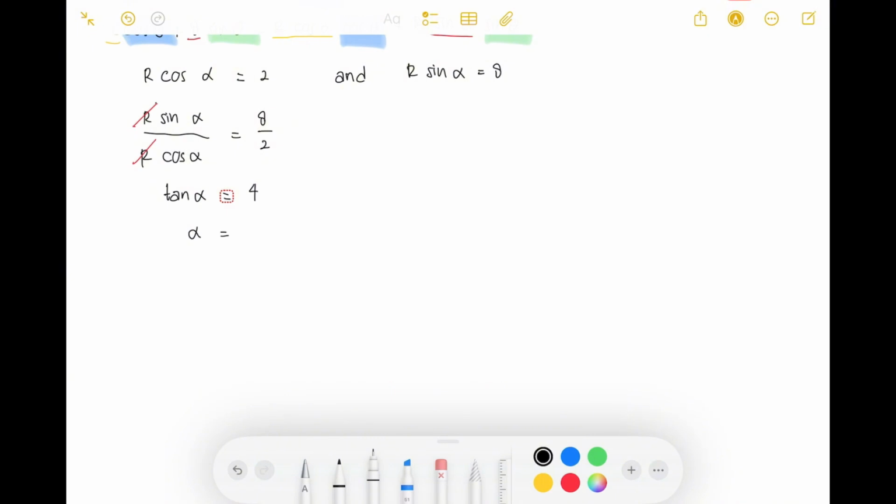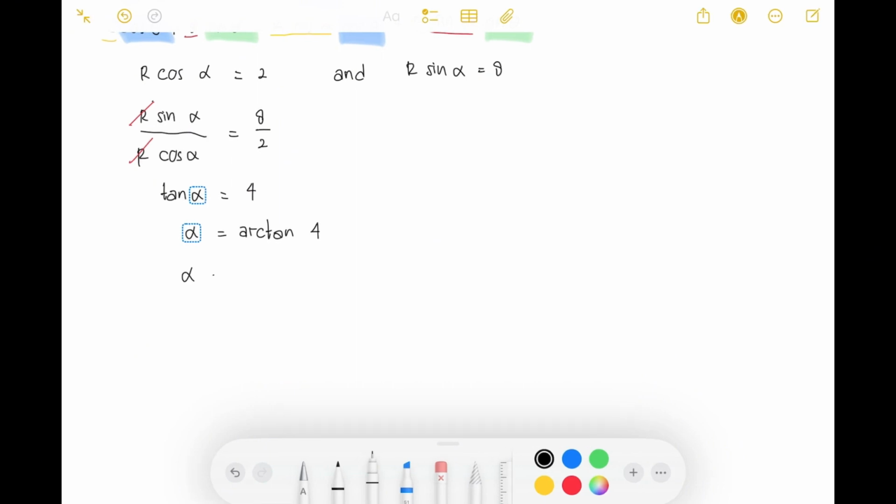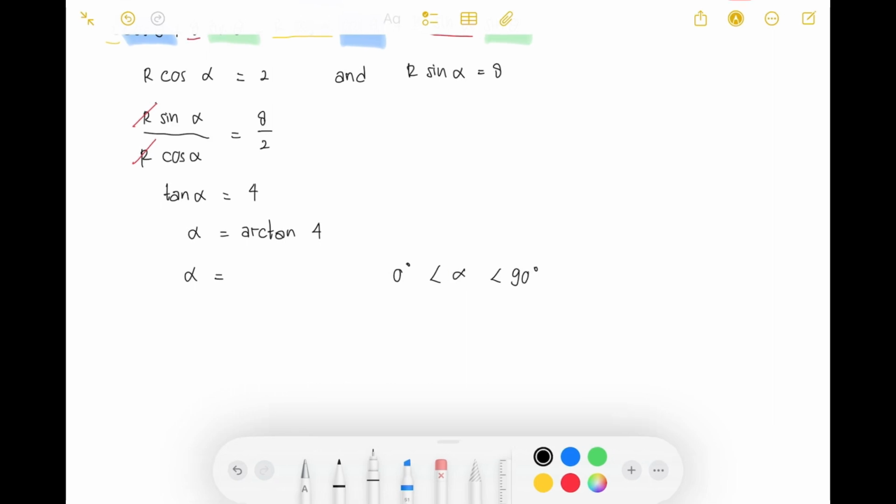So alpha will equal to arctangent of 4. So what is alpha then? Okay, remember, if you are going to find the angle, remember this interval, yeah? The alpha works only from the interval 0 until 90 degrees. What value works in the tangent that equals 4?